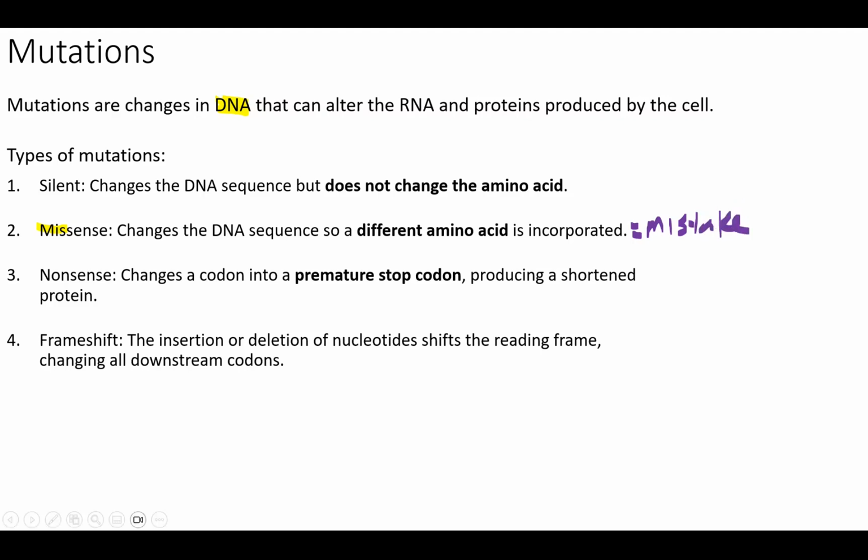All right, when the mutation leads to a premature stop codon, meaning translation stops, the protein stops being made, then we call that a nonsense mutation because the nonsense mutations are not tolerated. Because think about what happens if translation shuts down too soon.